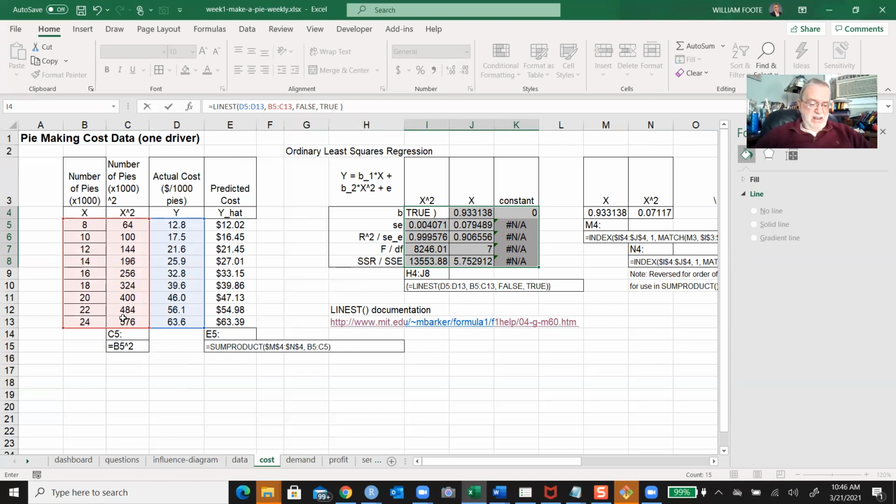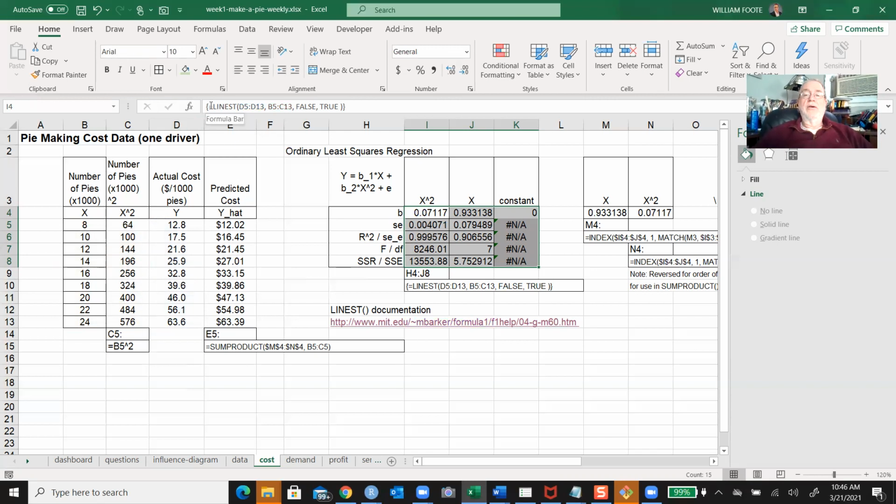And then I Shift Control Enter. And there it did it. Okay, good. So I know that works. And I think you may have seen the curly brackets occur. So this is the cost analysis. That's all it is at the moment.